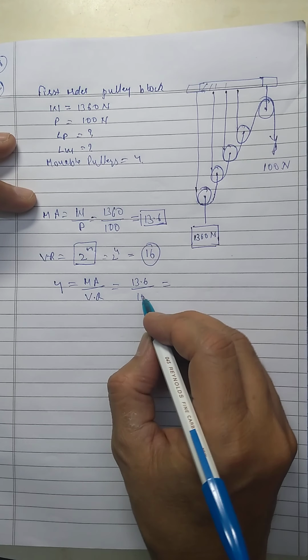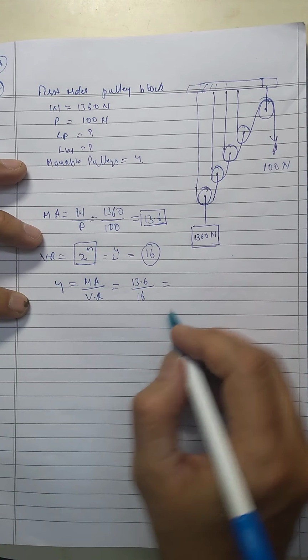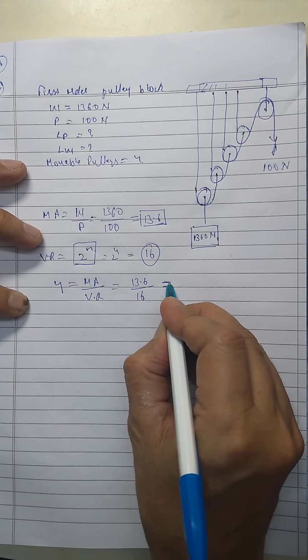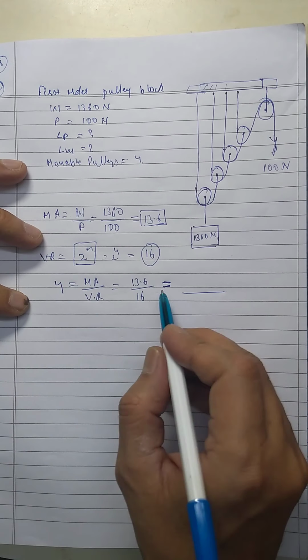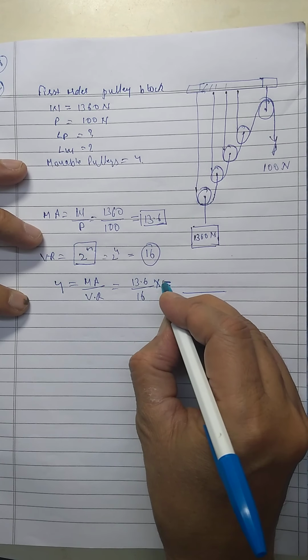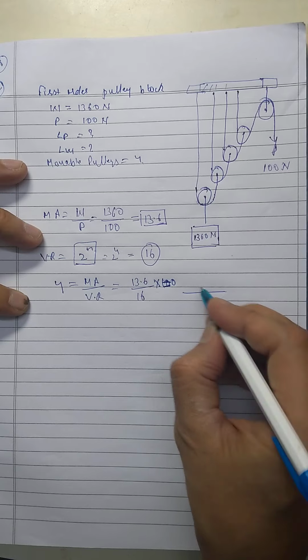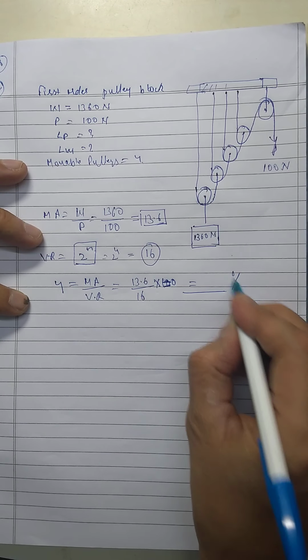Now this value is not written in your book, so you have to calculate and write the mechanical advantage, efficiency, but you have to multiply this by 100 to get the answer in percentage.